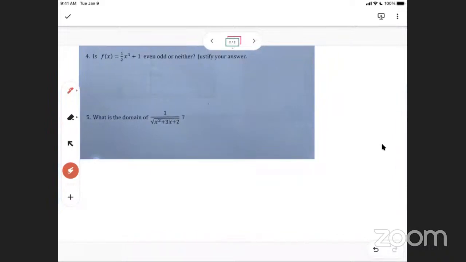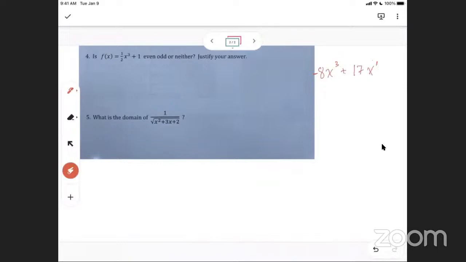If it's a polynomial function, odd functions are anything that can have any odd degree, and it doesn't matter what the coefficients are, what the numbers in front are. So you can have an 8 in front, you can have a -5 in front, doesn't matter. As long as all of the exponents are odd, it's going to be an odd function.